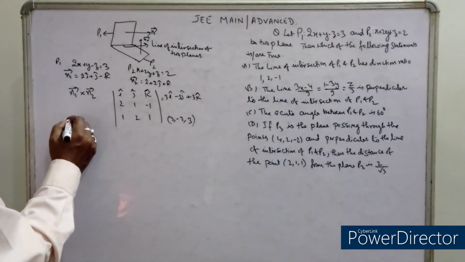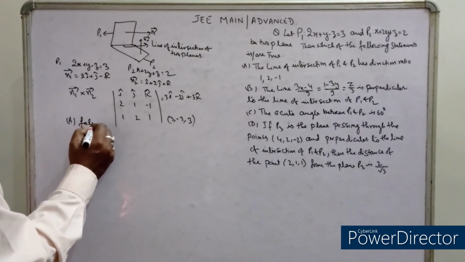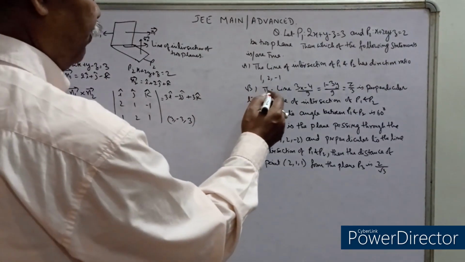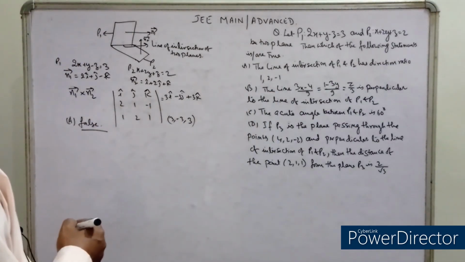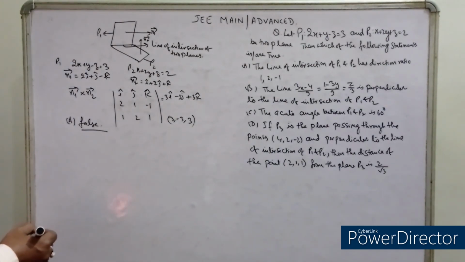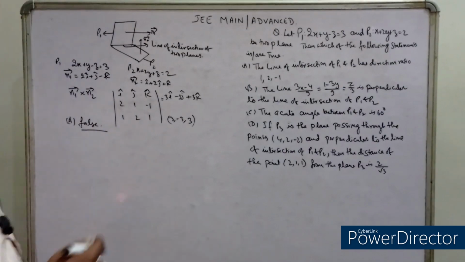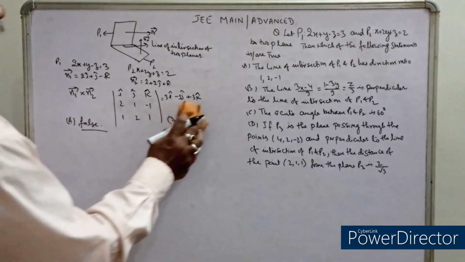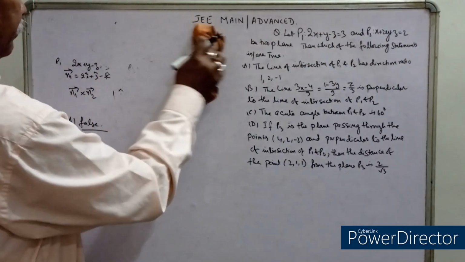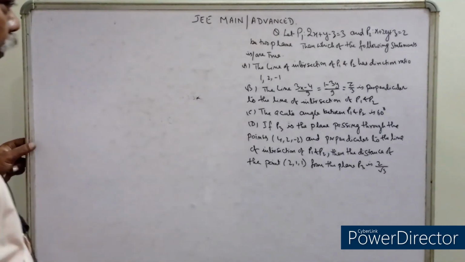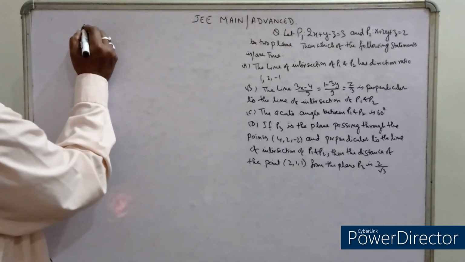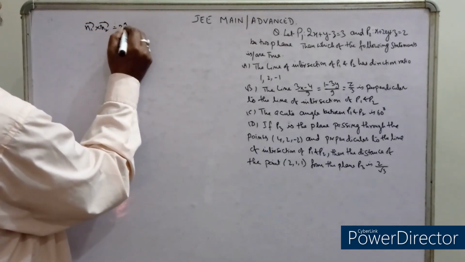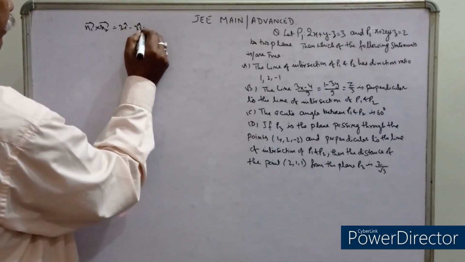So your option A is false. Now I am going for the second option. For the second option, n1 cross n2 was 3i cap minus 3j cap plus 3k cap.